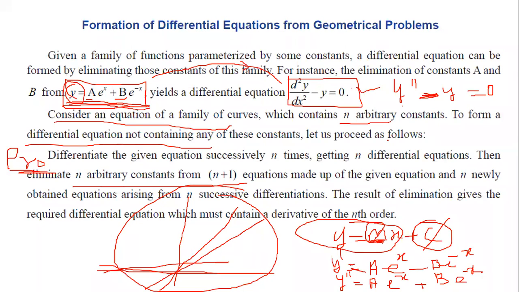In case two arbitrary constants are there, then the resultant equation is in second order. Similarly, in case n arbitrary constants are there, then the resultant differential equation is in nth order. This is a very important concept.